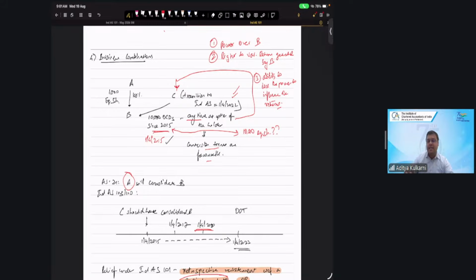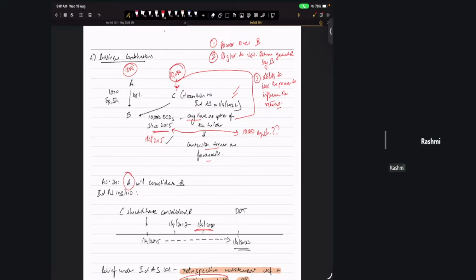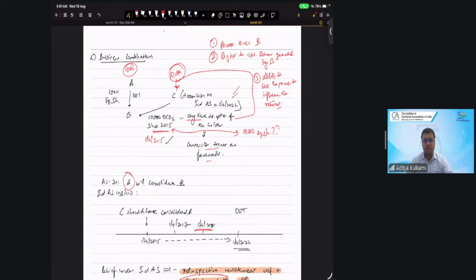And if C elects the option to convert, what will be the holding? A will hold 1,000 shares, C will hold 10,000 shares. C becomes the parent over B, right?